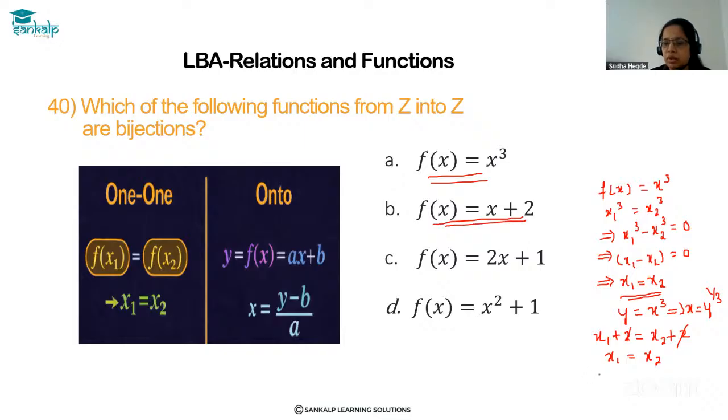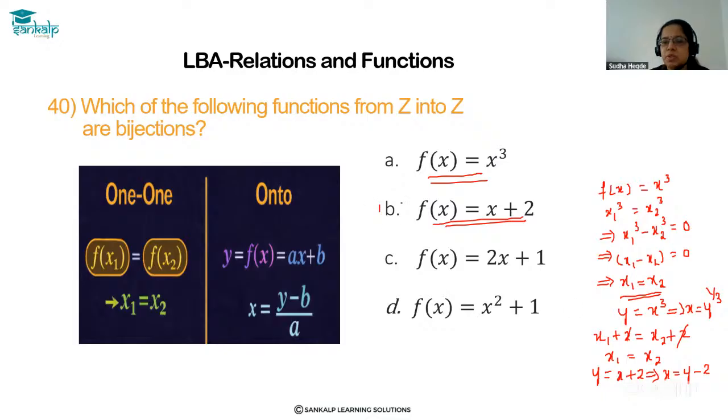Now check whether it is onto or not. y is equal to x plus 2. That implies x is equal to y minus 2. Definitely it is an integer. Whatever the value you take, you are going to get integers Z. Therefore, it is onto also.